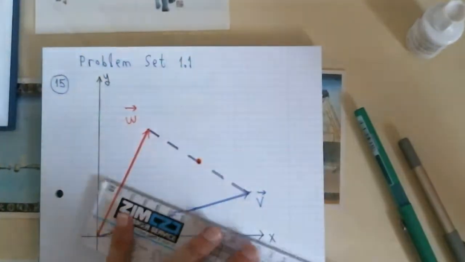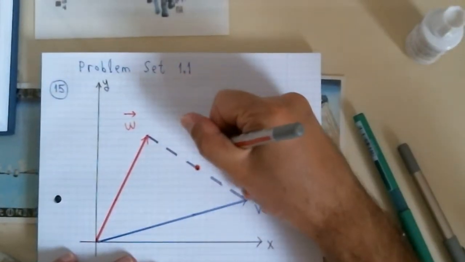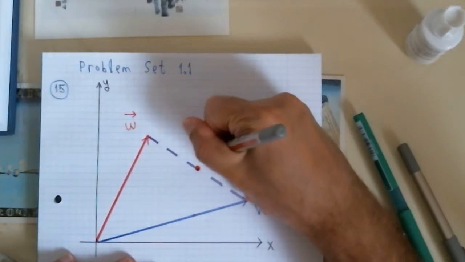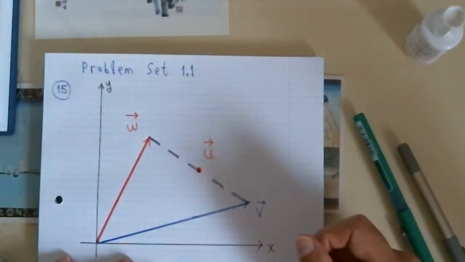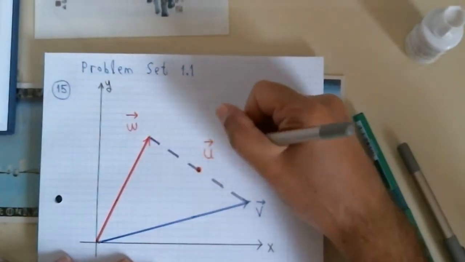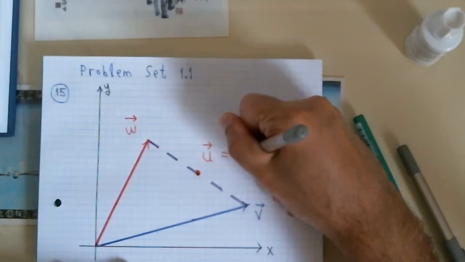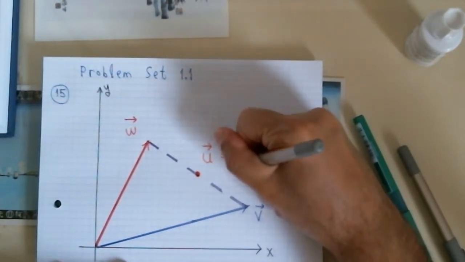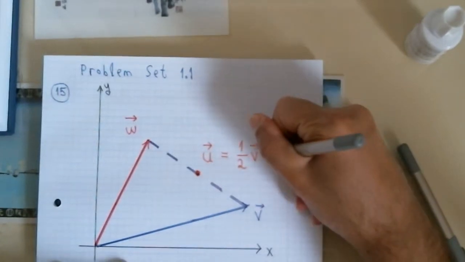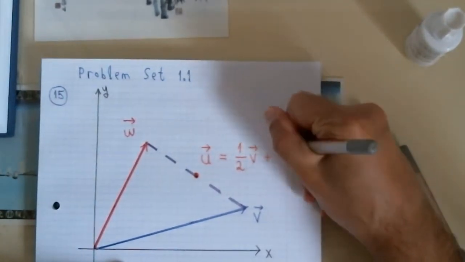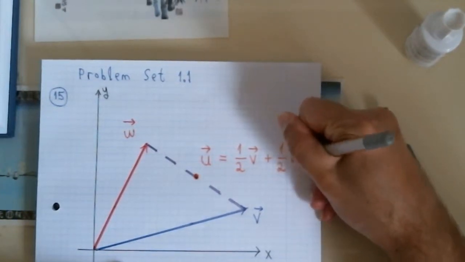So this dot in the middle of this line is called U. Okay, the vector U equals half V plus half W.